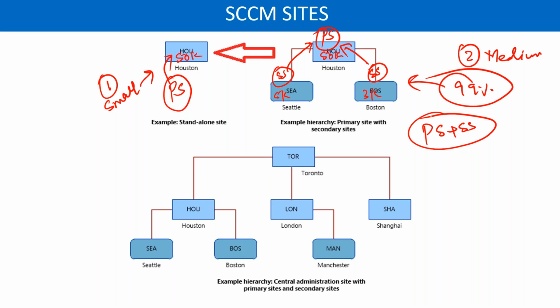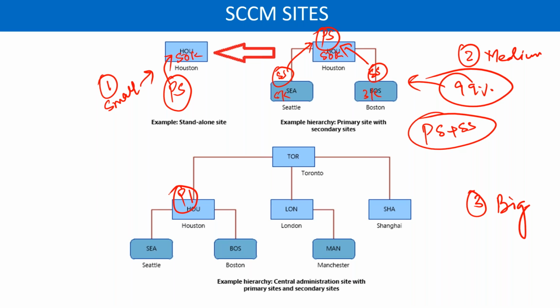Then you have the third picture, which is for big companies like Accenture, Deloitte, IBM, HCL, wherein you have more than 100,000 or 150,000 devices and you need more than one primary site.